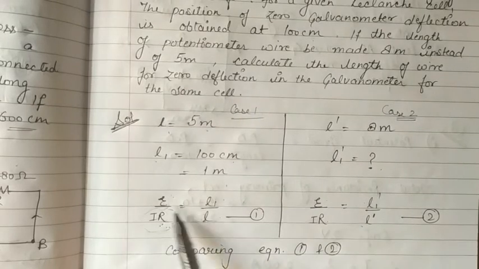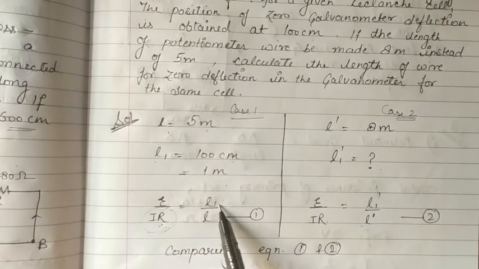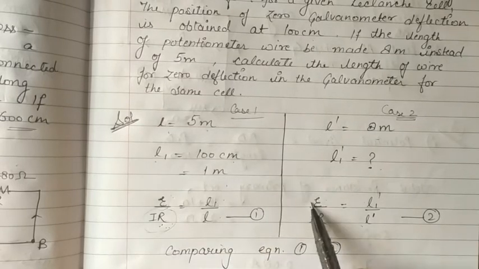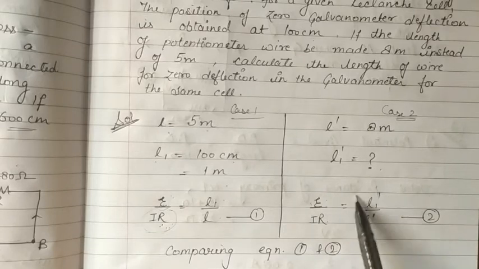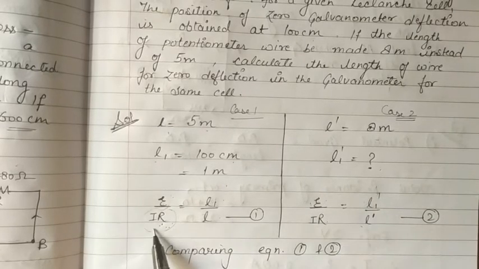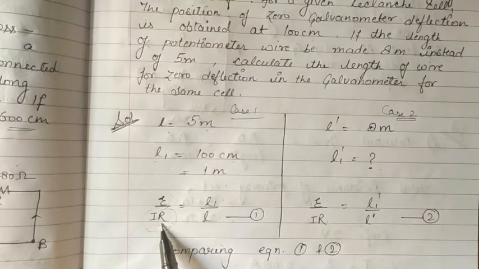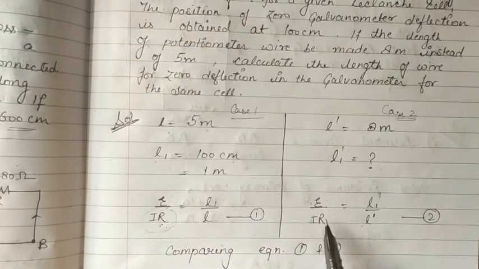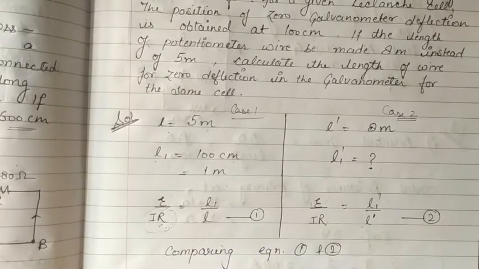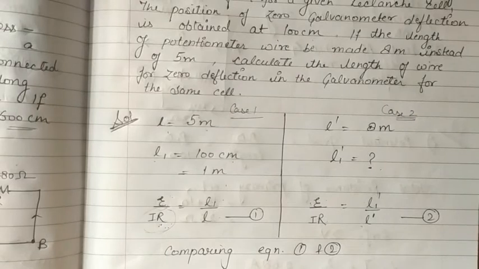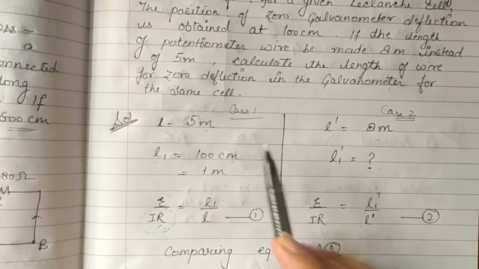Meaning for the cell, in the first case the length was L1. For the same cell of EMF epsilon, the length in the second case is what we have to calculate. Similarly in case 1, the EMF across the total length was IR, and in case 2 it was also IR because we are not changing any quantity, we just change the length L and L dash, right?